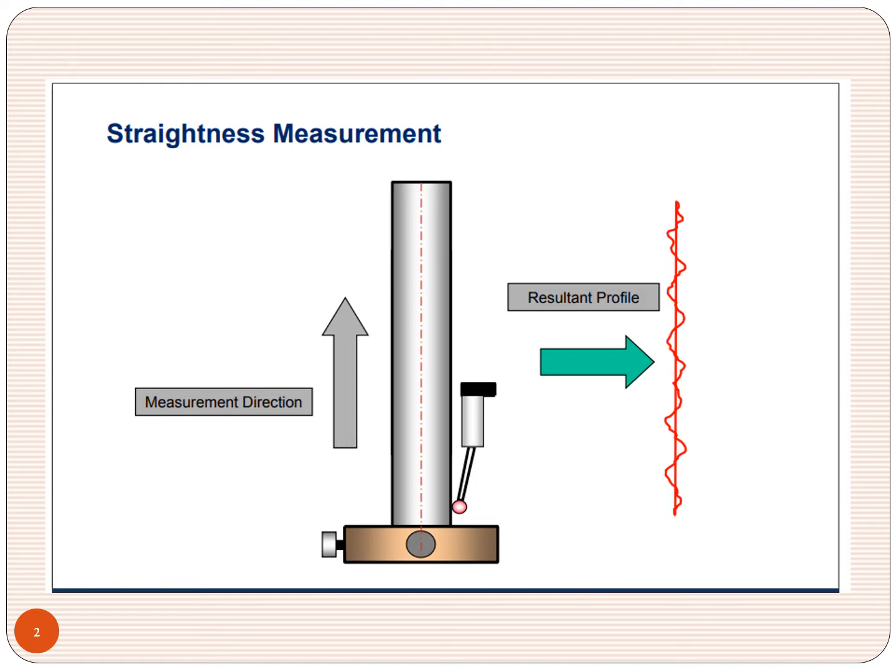The up and down may be of 0.001 millimeter, that is 1 micron. It's not much, but if you look through the measuring instrument, as we are seeing here, there is a stylus that will move up and down, and it will be connected to another device that will give you the reading. So we can draw the graph as we are seeing, the resultant profile. This is called straightness measurement.